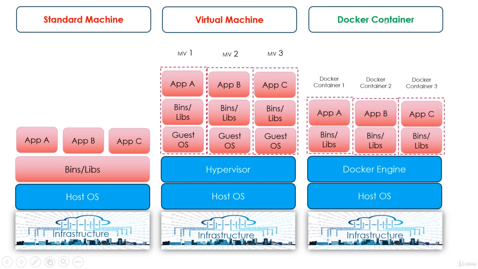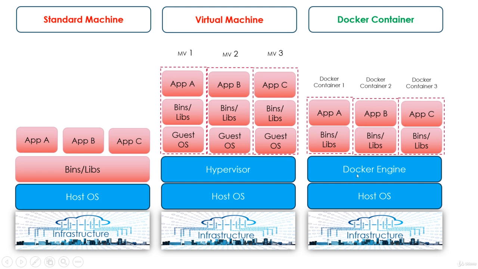Now the Docker container comes into the picture. What is happening? We have an infrastructure, then we have a host operating system where we have a Docker engine. So now we don't have a hypervisor. We have a Docker engine on top of the host operating system.